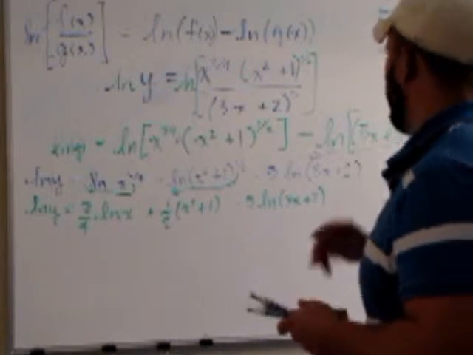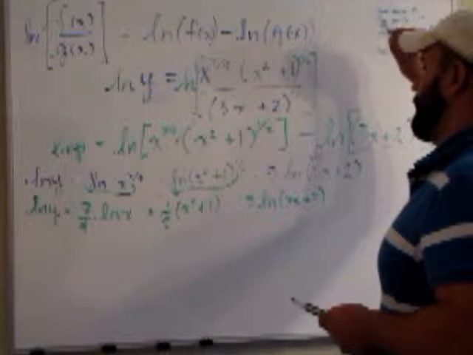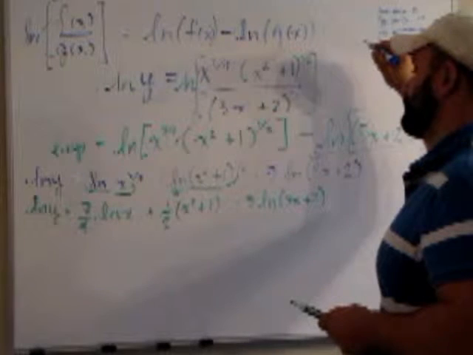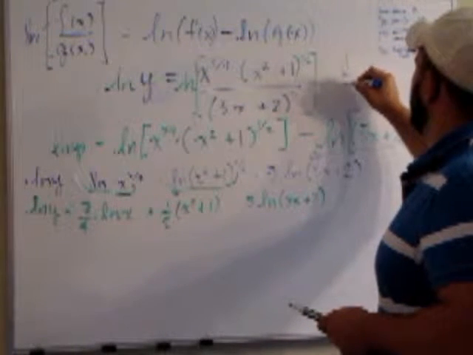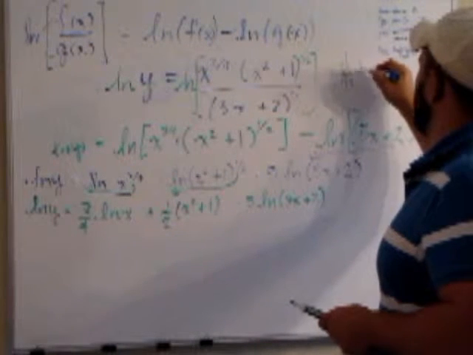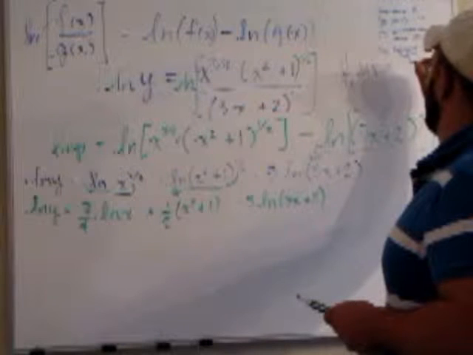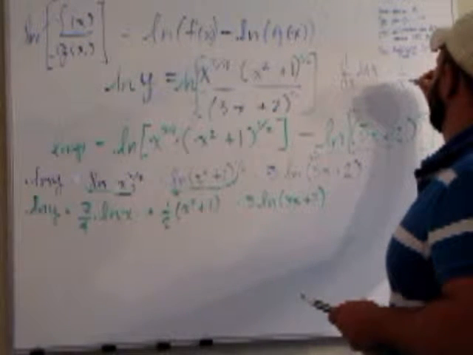Now, we have a rule over here that we learned that the derivative of ln is 1/x, right?